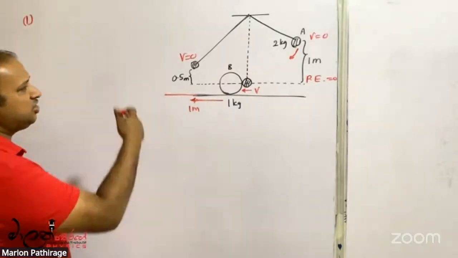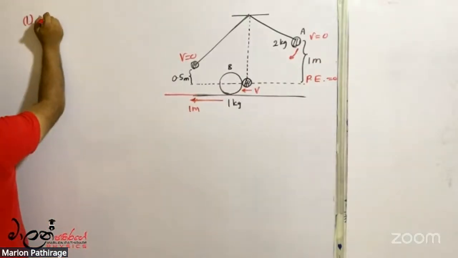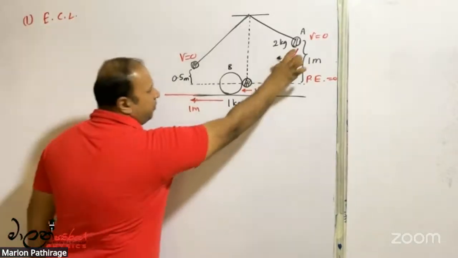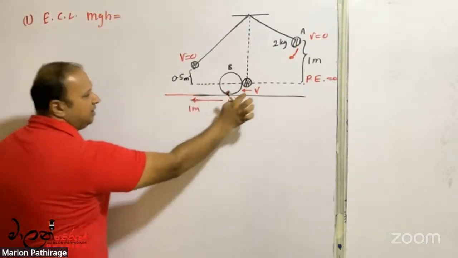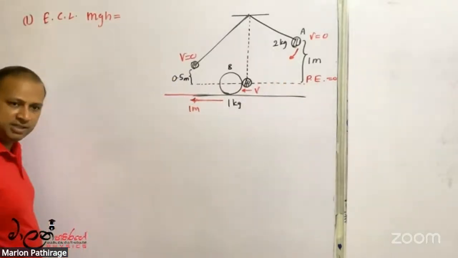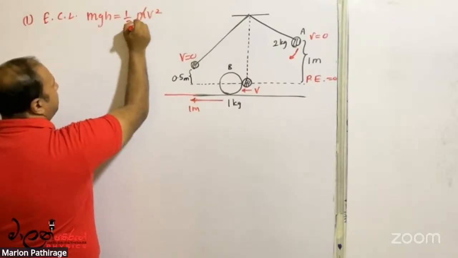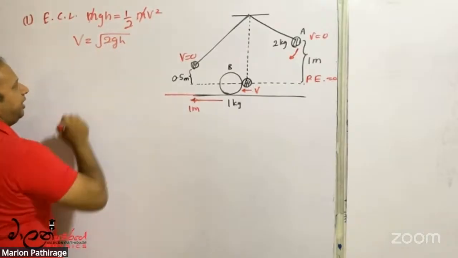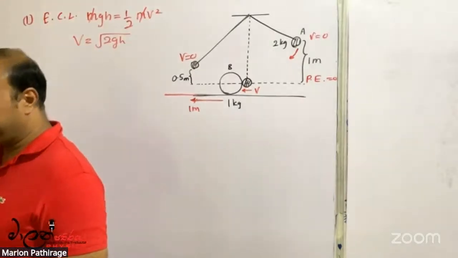Therefore, its initial energy is potential energy only. Apply energy conservation. Initial energy is potential energy only, mgh, and final energy is kinetic energy only because now it is at the potential energy zero level. Half mv squared. The m will cancel out, therefore v equals square root of 2gh. Now you have to remember this equation. Square root of 2gh.